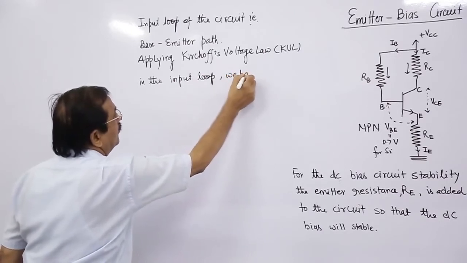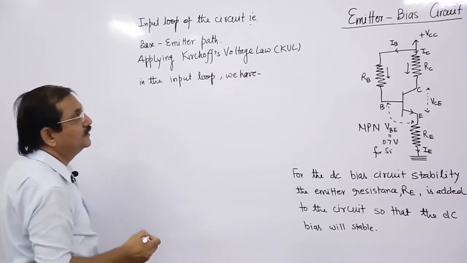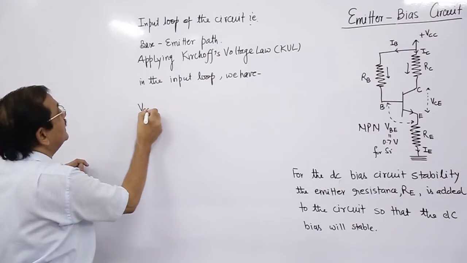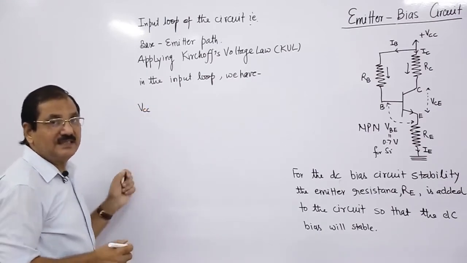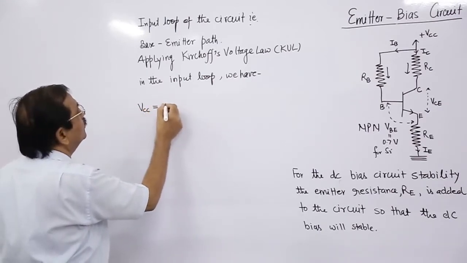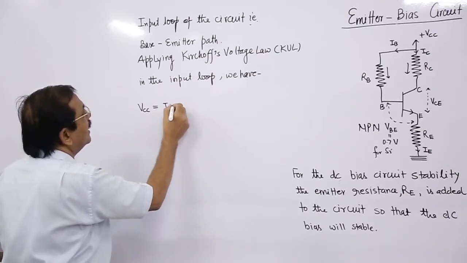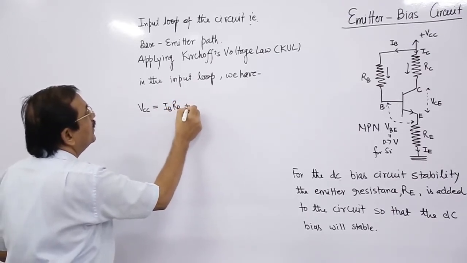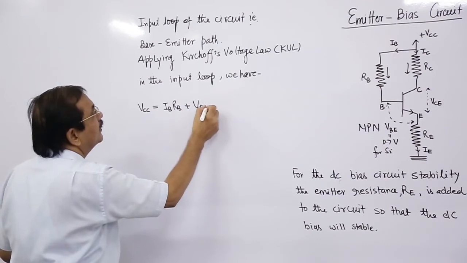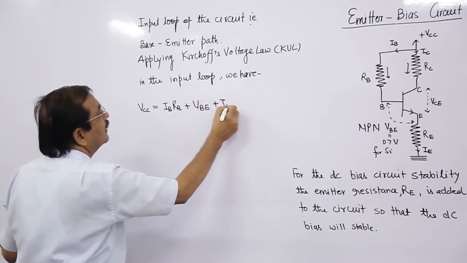What we have, you see, is VCC equal to IBRB plus VBE plus IERE.